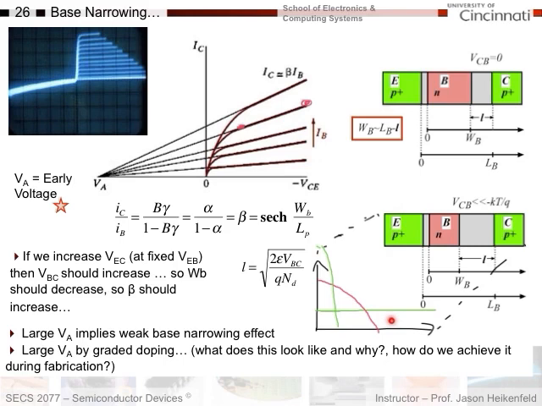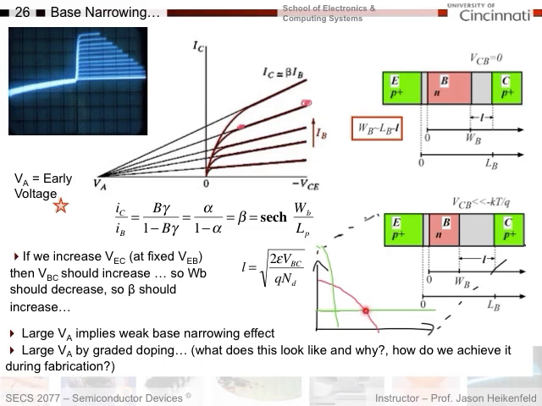So that's a typical way you might have this. Well, the key thing here is that you have a graded doping profile. And so this depletion width is trying to grow into the N region, right? So it's going in this direction. Well, remember, the whole point of depletion is that you have to uncover a certain amount of charge, right?